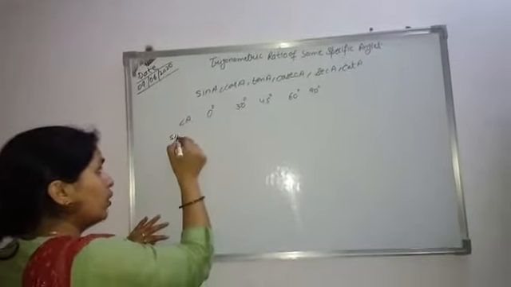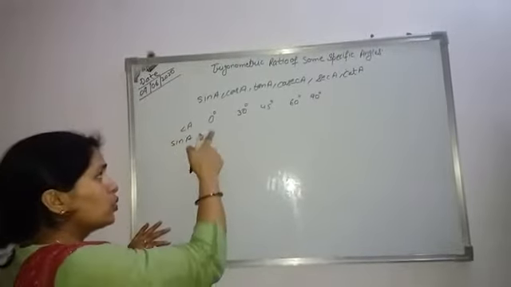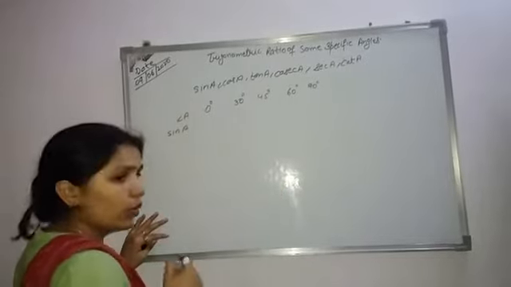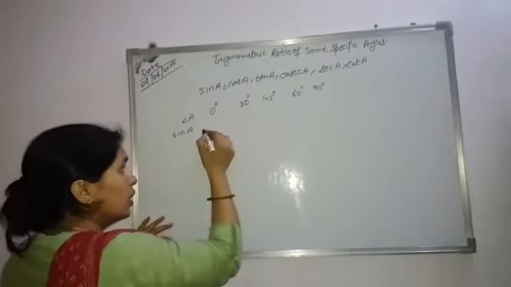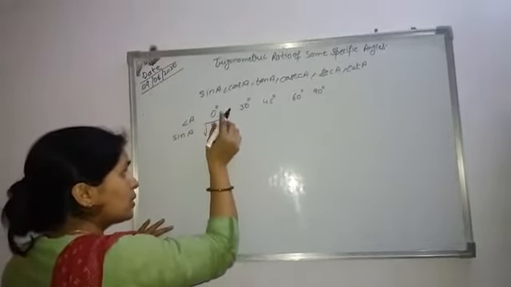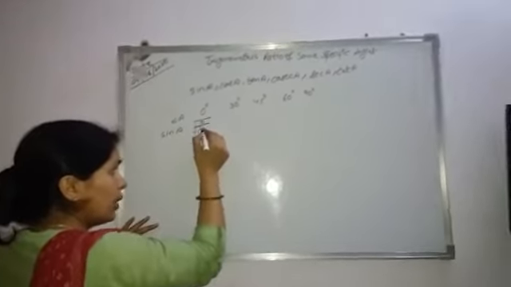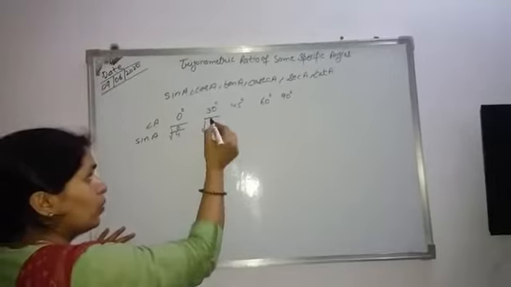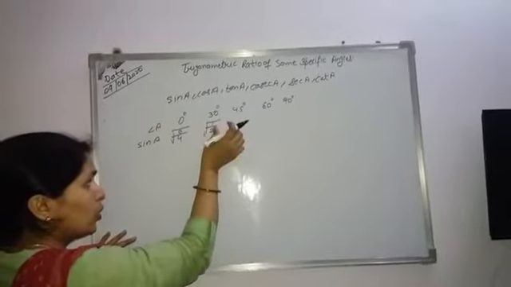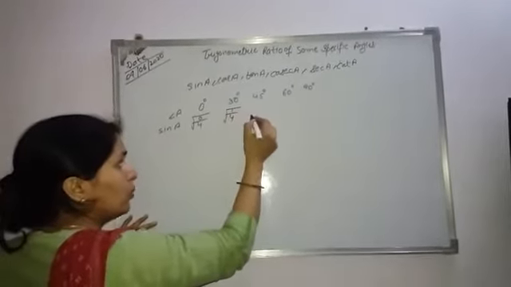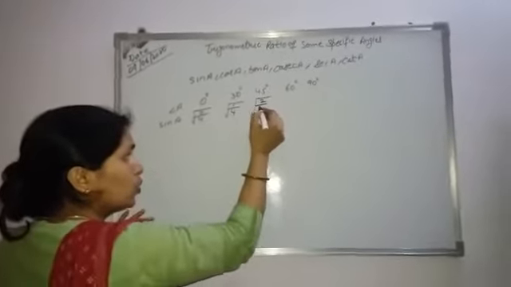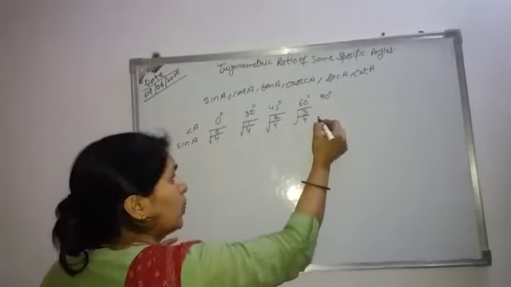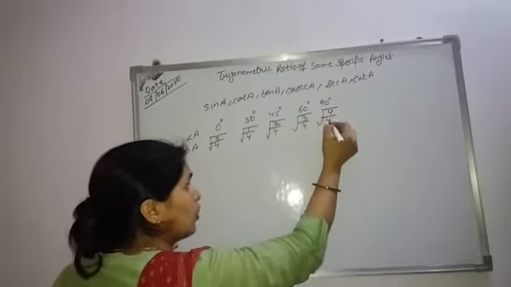Now if we want to find the values of sine A according to these angles, here is a fixed pattern. What is this? We write the terms as 0 divided by 4, okay, at 0 degree this is 0 divided by 4, under root of 1 divided by 4, next is under root 2 divided by 4, next is under root 3 divided by 4, next is 4 divided by 4.